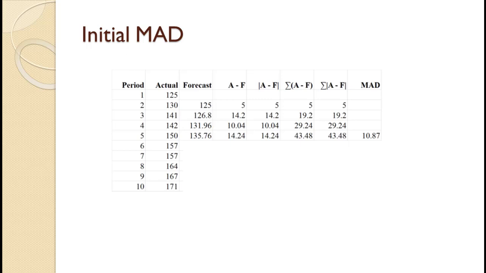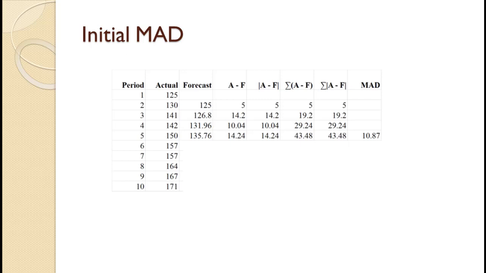For period 5, the actual of 150 minus the forecast of 135.76 equals 14.24. The absolute value is 14.24. The cumulative A-F equals 29.24 plus 14.24 equals 43.48. The cumulative absolute value A-F equals 29.24 plus 14.24 equals 43.48.